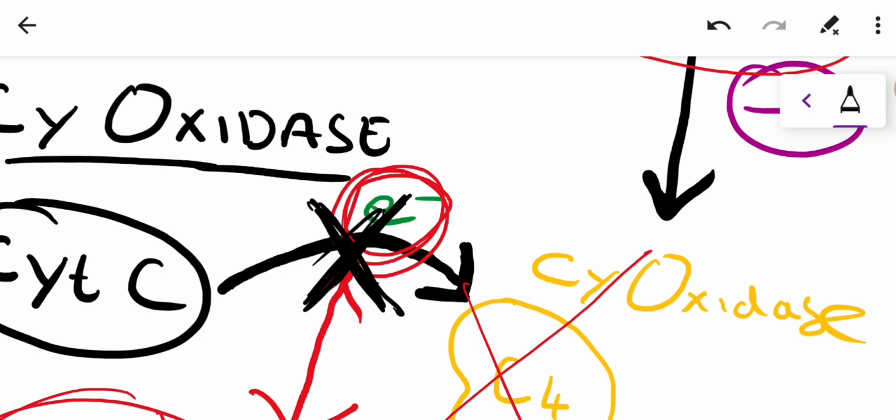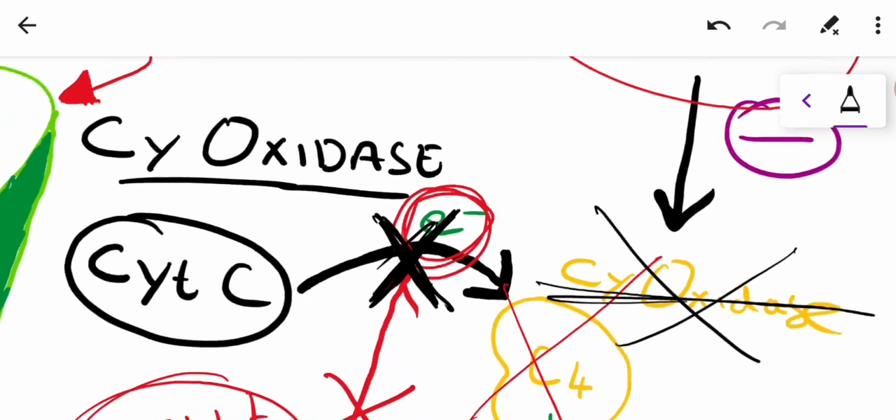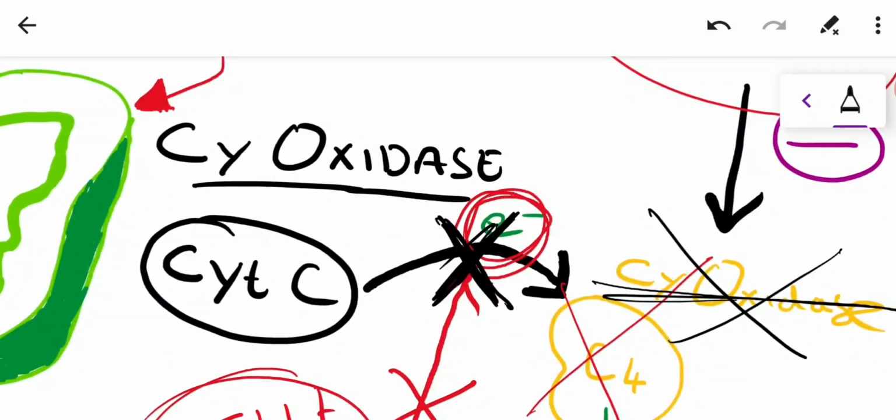What's going to happen now? There's going to be a buildup of electrons if we disrupt cytochrome oxidase. And what does that mean? If there's a buildup, fewer electrons will be passed down the chain.